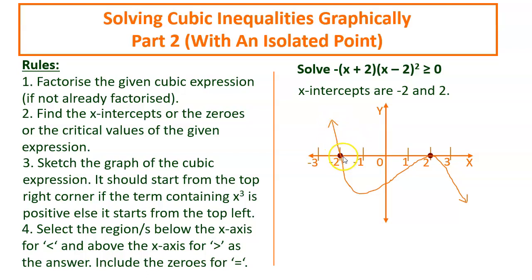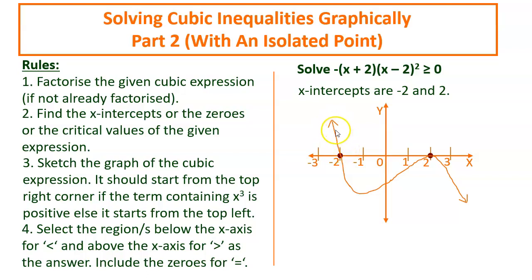So what will be the x values for this part? It will be obviously x less than negative 2 for this part. I'm not taking this negative 2. For this part above the x-axis, x values will be less than negative 2.